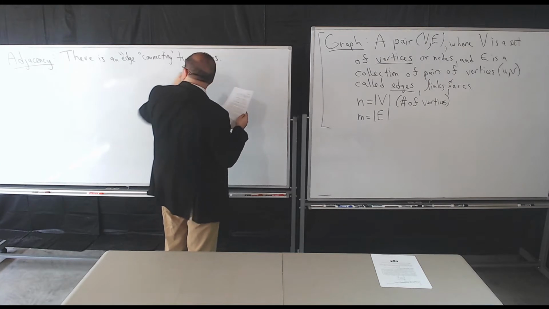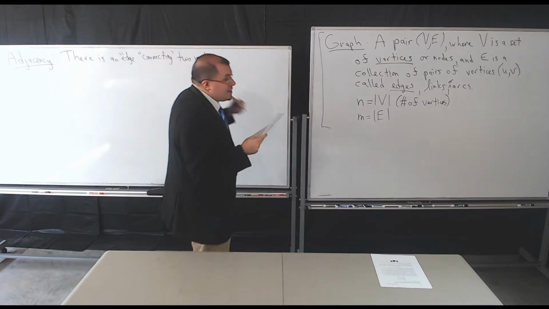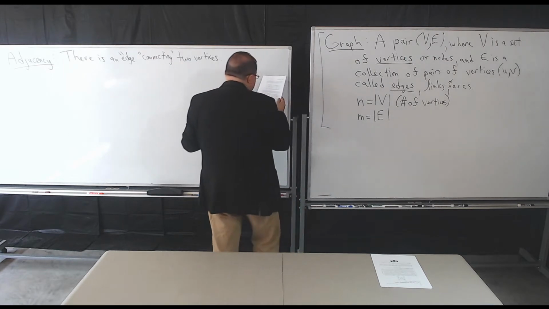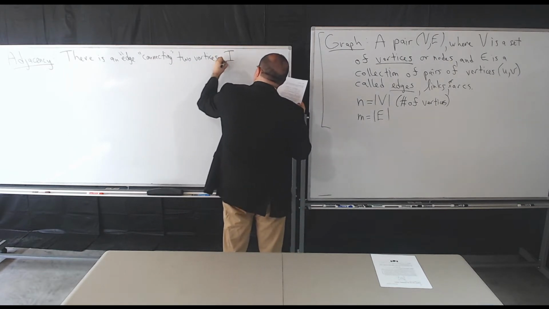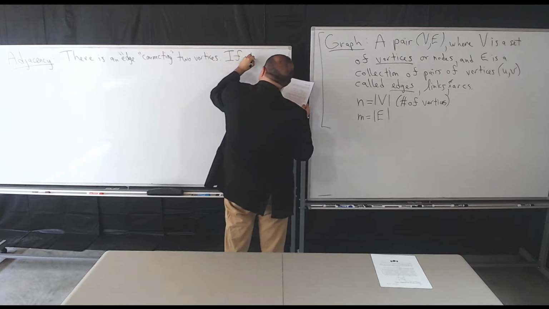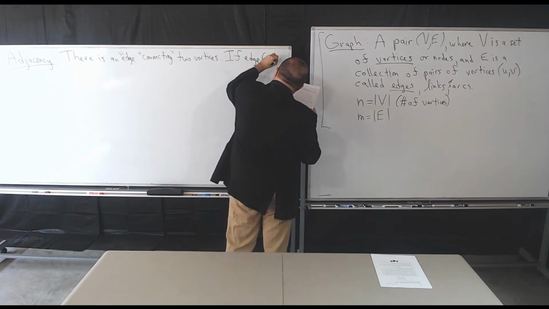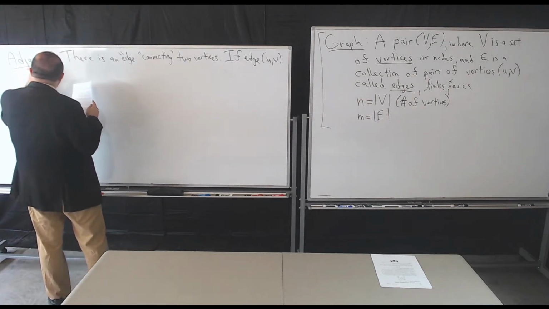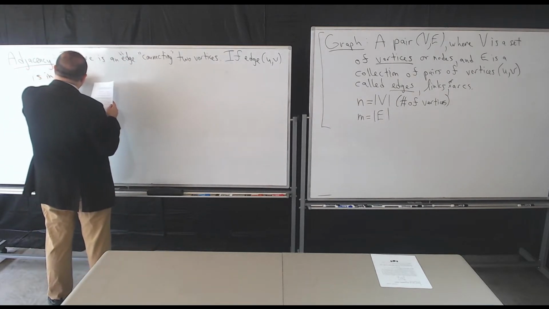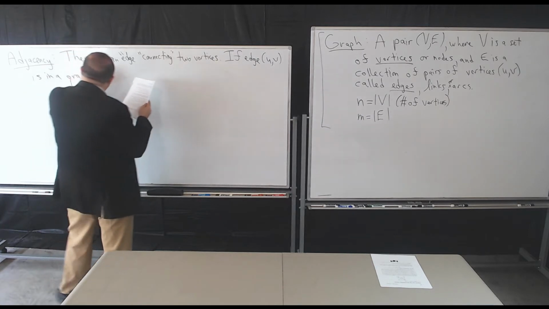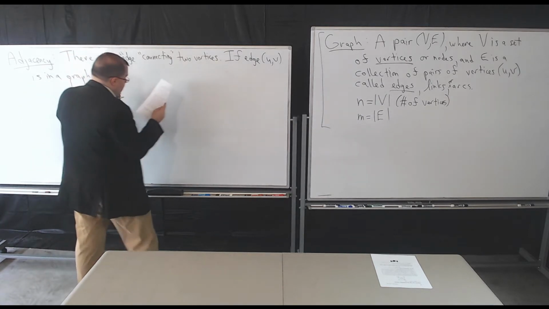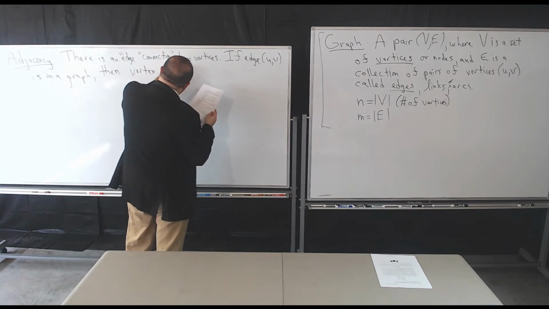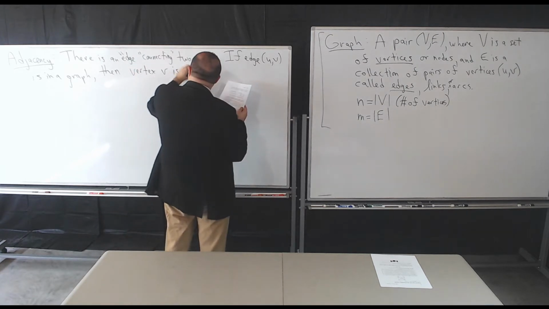Oftentimes in adjacency, we're curious about whether they are adjacent or not adjacent, meaning that there is no edge that connects them in the latter case. So if edge (u, v) is in a graph, then vertex v is adjacent to vertex u.